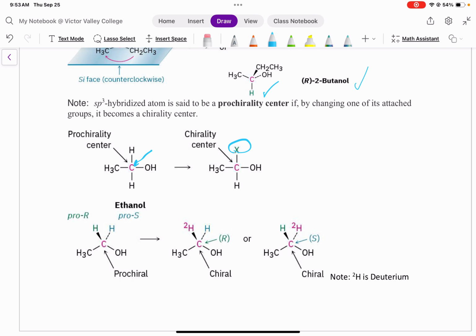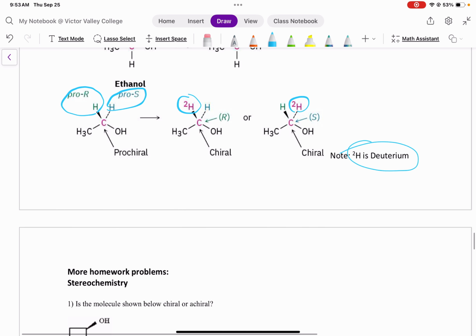So of those 2 hydrogens, one is pro-R and one is pro-S, meaning if we change it, it's going to be R. If we change the other one, it's going to be S. Okay. In this case, we change it to deuterium, which is a slightly heavier hydrogen. It's a hydrogen with a mass of 2. Okay. Yeah, so it's pretty cool.